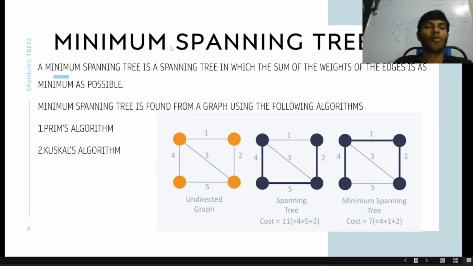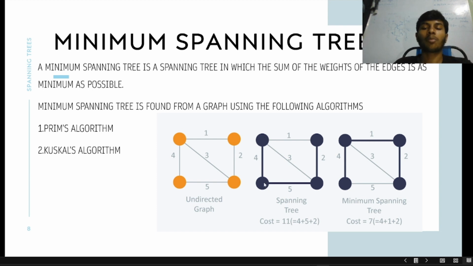Let's see what a minimum spanning tree is. A minimum spanning tree is a spanning tree in which the sum of the weights of the edges is as minimum as possible. Here there is an undirected graph. We have formed a spanning tree, and there is a cost for every edge: the cost for this edge is 4, for this edge 5, and 2, 3 and 1.